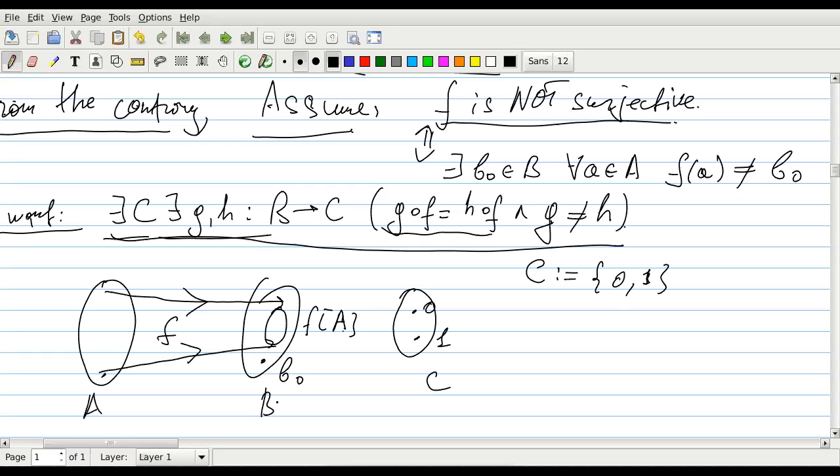And now let's make G and H distinct. Where should they differ from each other? At which point? What does your intuition say? Where should they differ in order to keep these two compositions equal to each other?